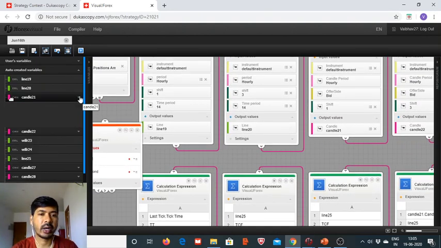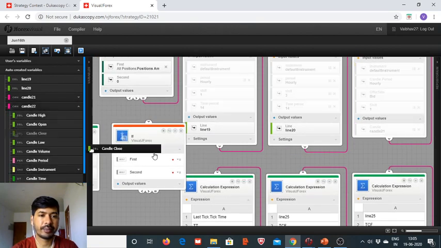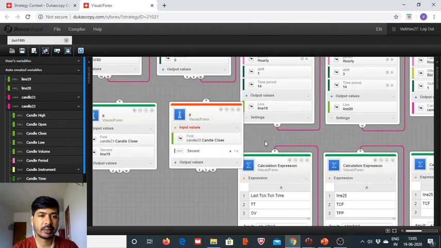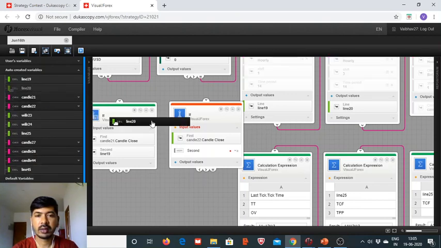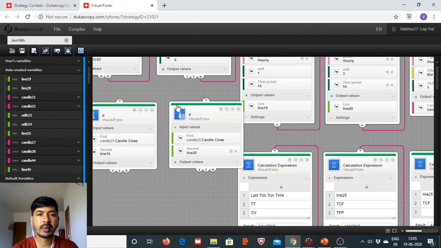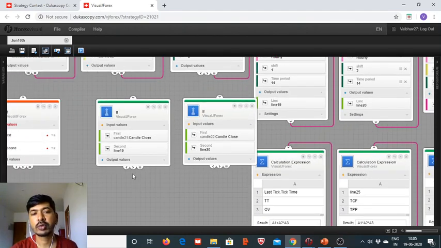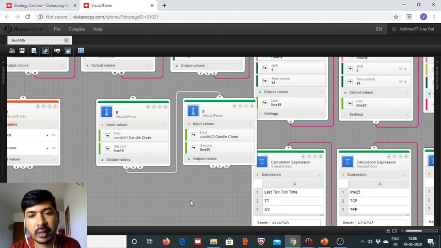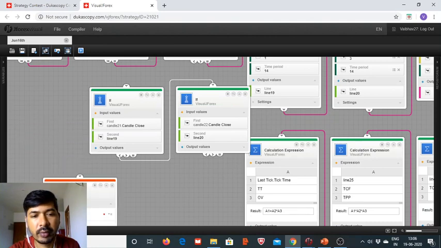So we take into account candle 22's closing level and line 20, and here candle 21's close should have been less than, and the candle 22's close should have been above the line 20.